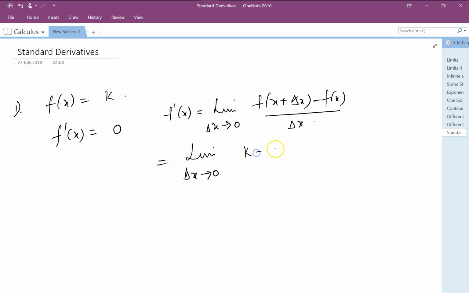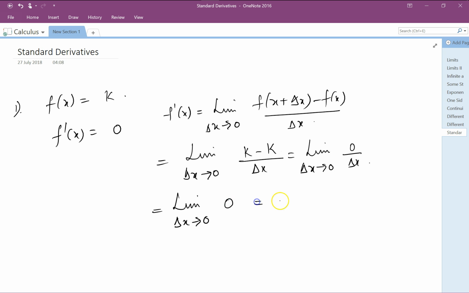It would be k itself. f of x is what? k. So this would be limit as delta x approaches 0 of 0 by delta x. Now 0 by delta x is nothing but 0. So the limit will also be 0.